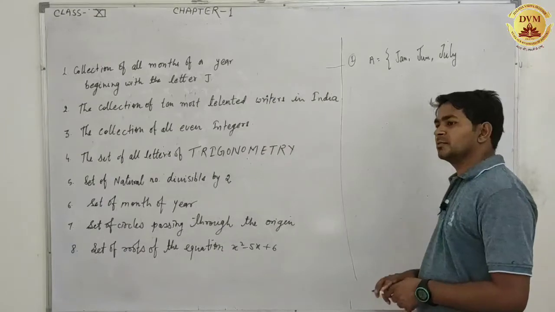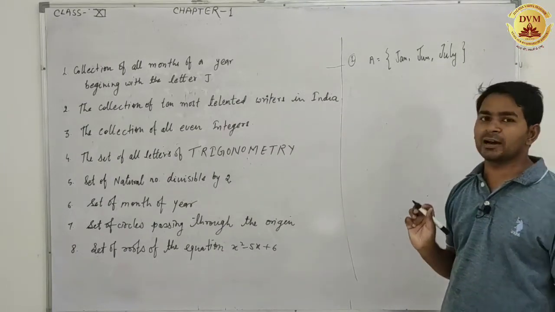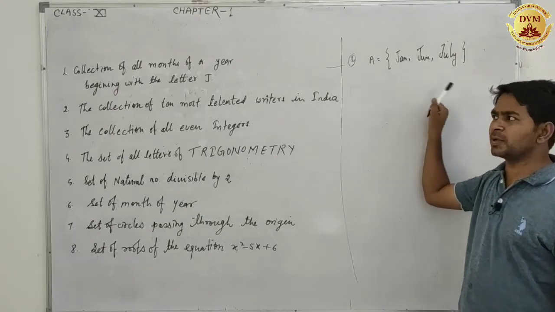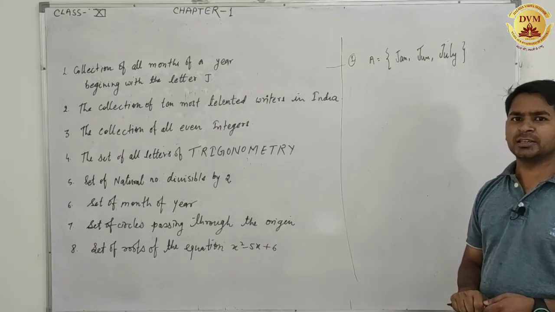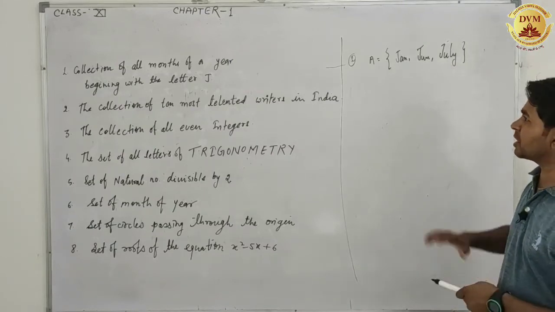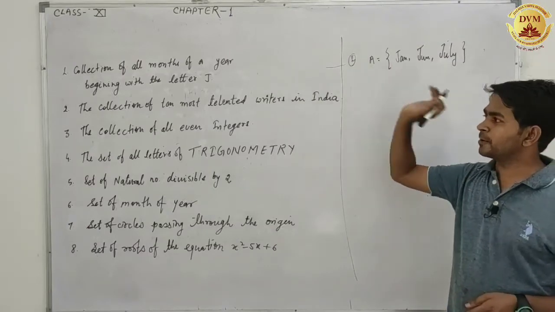These three months are the months whose first letter is J, or we can say they start with J. So this is the set of the first example.